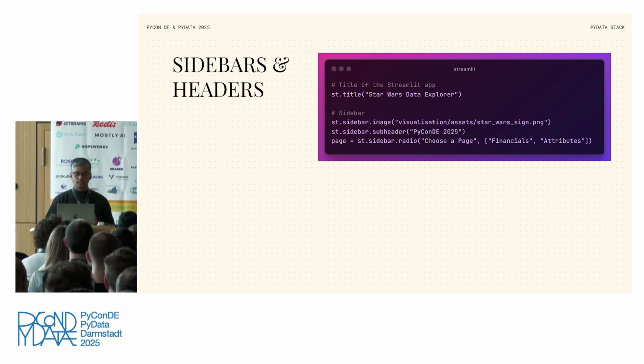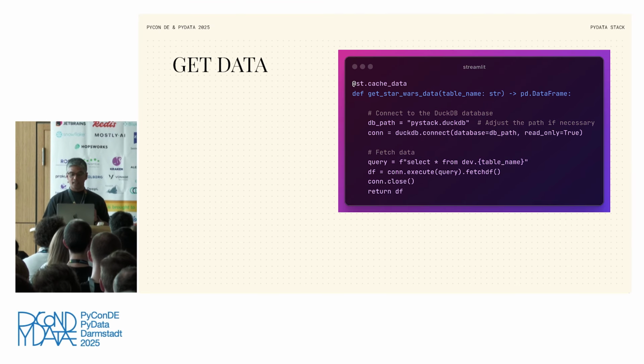Here's how you set up a heading in your app. This will probably be a little bit meaningless until I show you what it looks like. There's the title of the app, and how you create a sidebar so you can have some links in there. And then this is the function to pull data from your database into the Streamlit app.